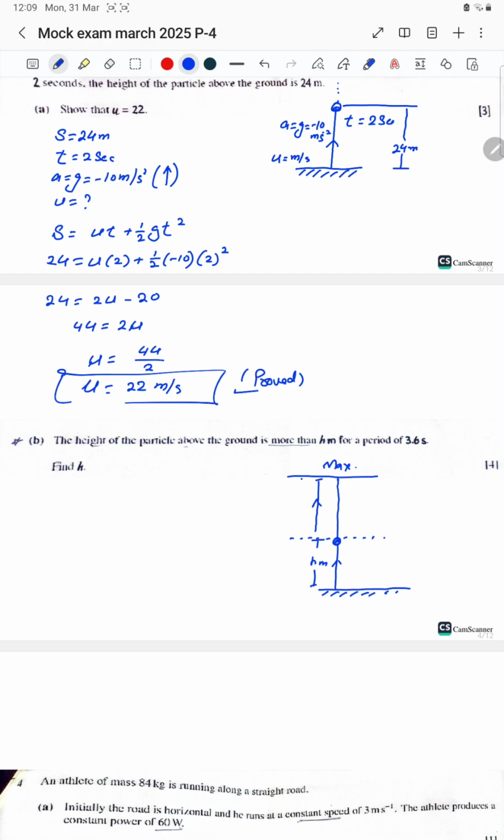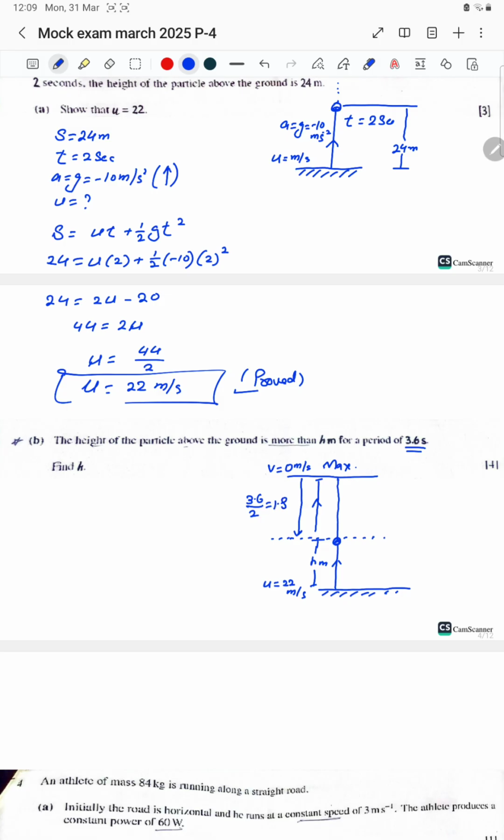Time goes up and down for the particle, and at the maximum, the final velocity v will be 0 meters per second. Initially, we have already calculated in part 1 that it is 22 meters per second. You can use that. The total time is 3.6 seconds, so 3.6 divided by 2, because half the time it will take to go up, and then from the maximum to come down.